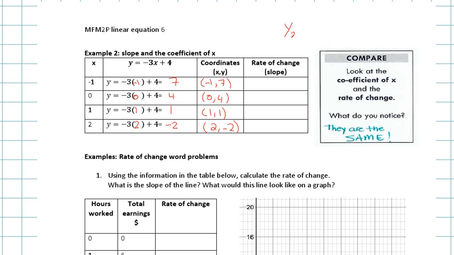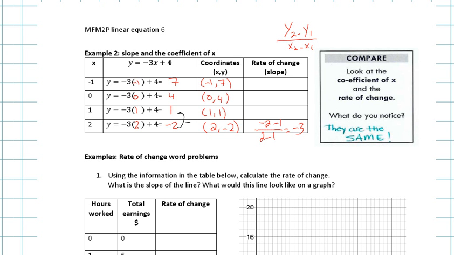Okay, you start from the bottom and you subtract the top. So negative 2 subtract 1, divided by bottom minus top, 2 minus 1. So it's going to be negative 3 over 1, which is negative 3. Bottom minus the top, bottom minus the top.